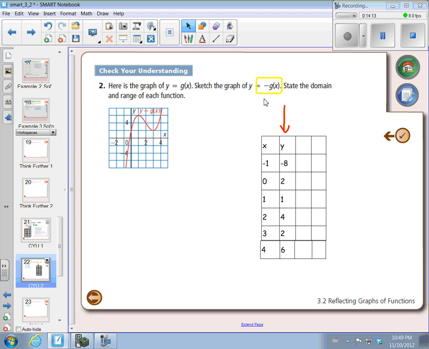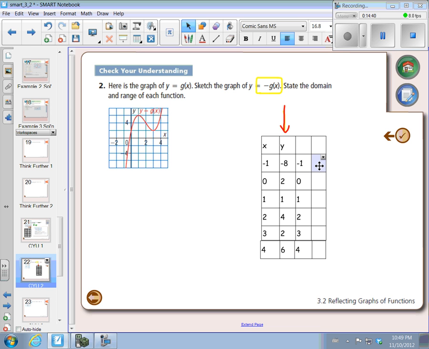So vertical reflection. The x values will stay the same. So I will just retype those in here. Okay, and over here the y values, as we said, change in sign.